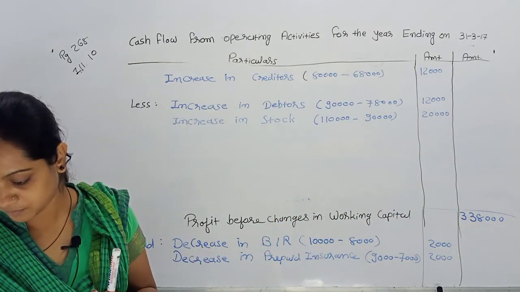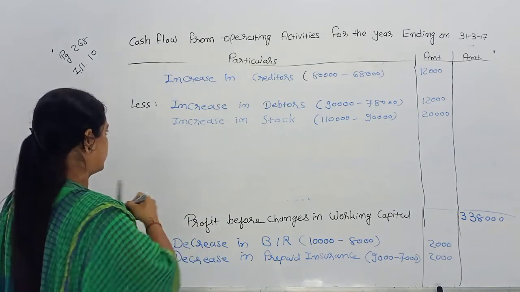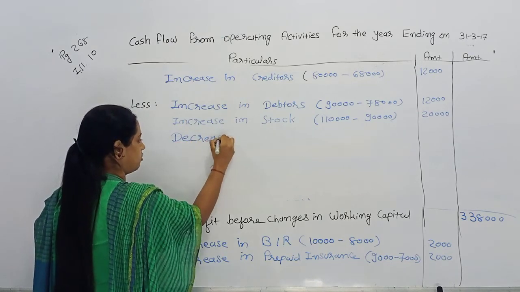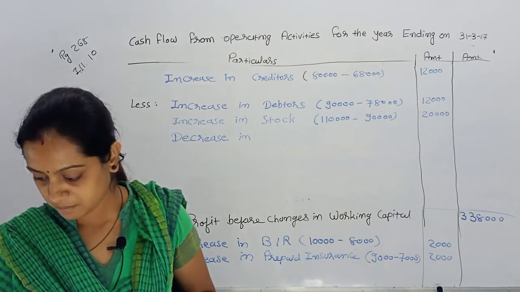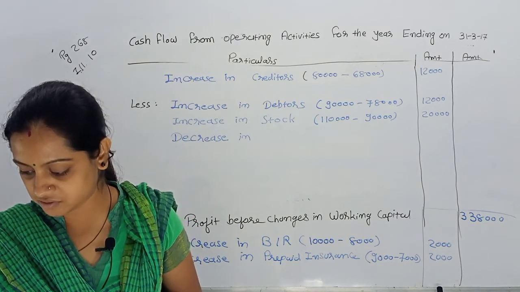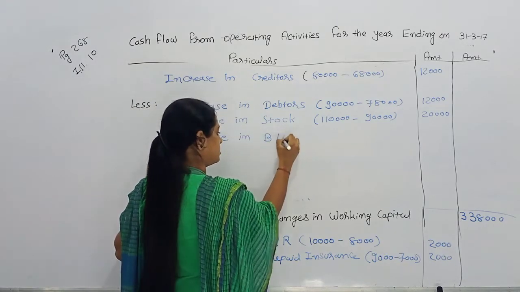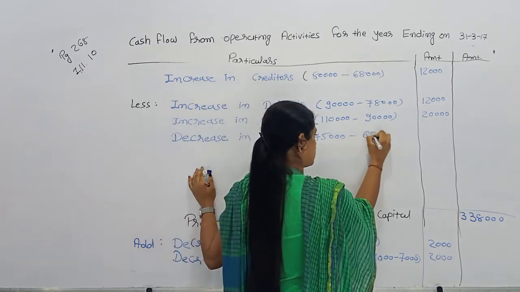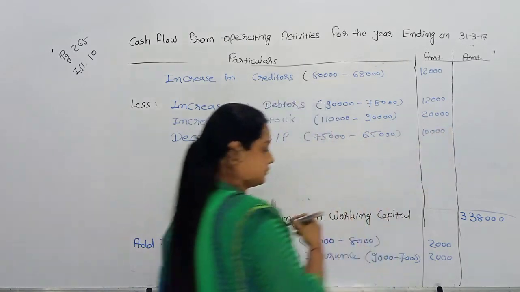Then comes liability, right? So next will be decrease in current liability. So which current liabilities decreased? Bills payable has decreased from 75 to 65. So here I will write decrease in bills payable, 75,000 minus 65,000. Answer will be 10,000.